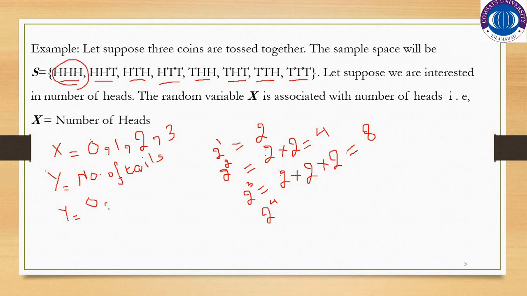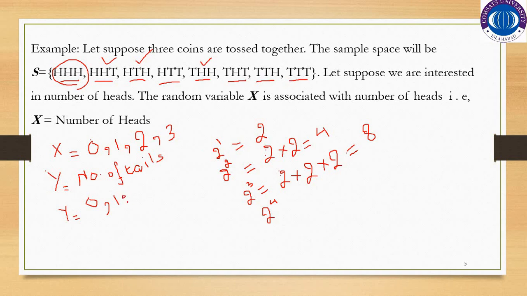Y is equal to 1 means the outcome which has one tail. This one is the outcome which has one tail. This one is the outcome which has one tail. And this one is the outcome which has one tail.